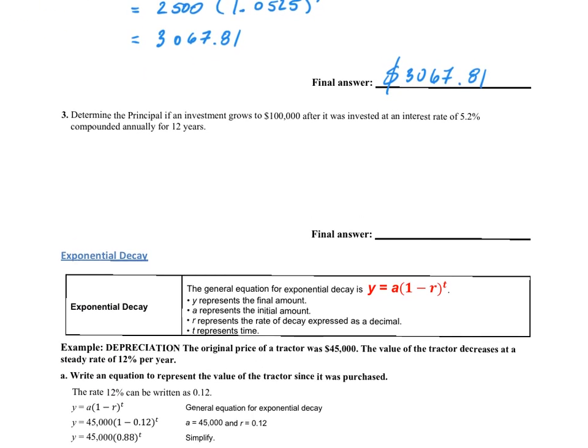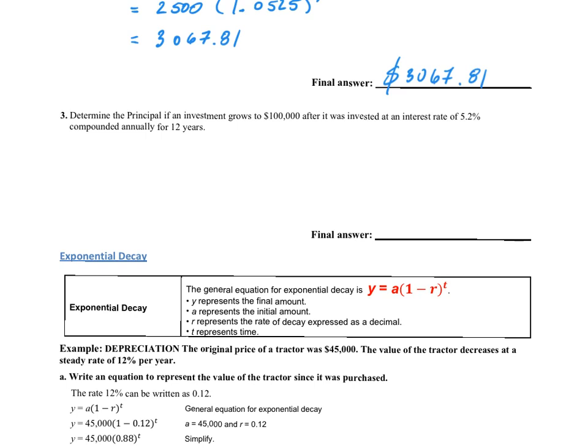Let's look at number 3. Determine the principal if an investment grows to $100,000 after it was invested at an interest rate of 5.2% compounded annually for 12 years. Oh, this one's a little different, okay? Because instead of us looking for a final amount after 12 years, they're telling us how much we have after 12 years, and they want to find out how much we should actually put in before any time has passed so that we have $100,000 after that 12 years.